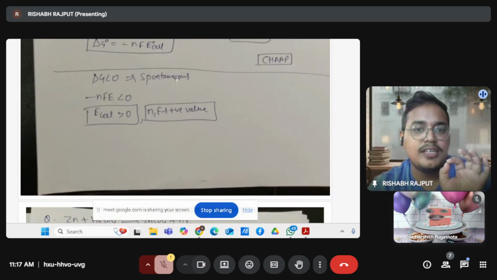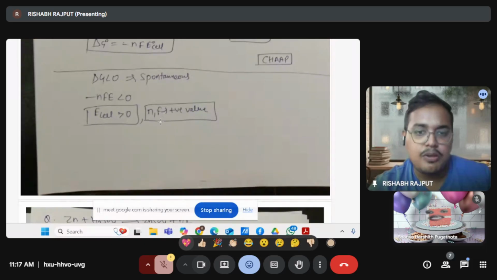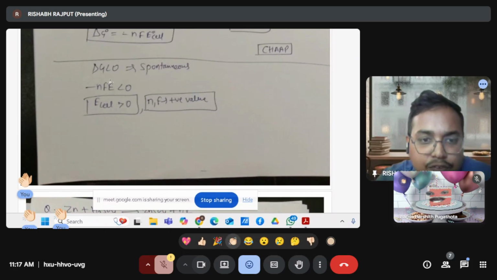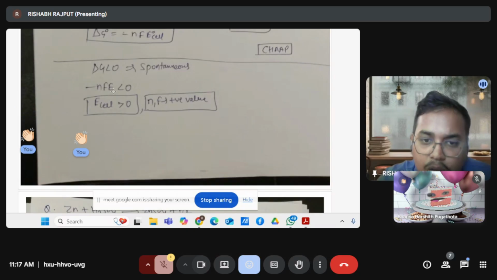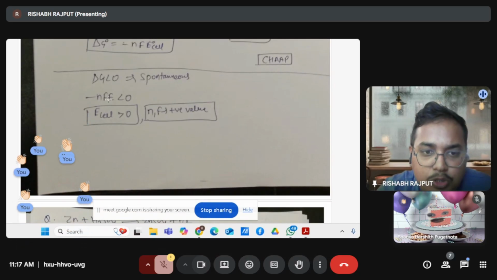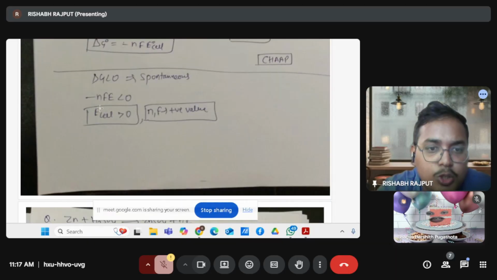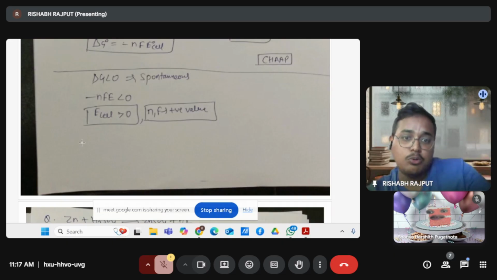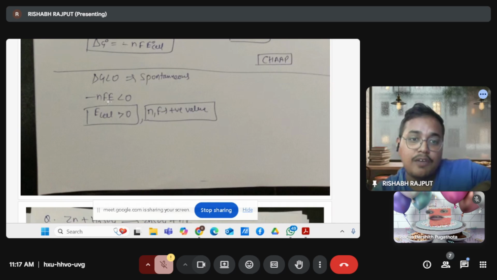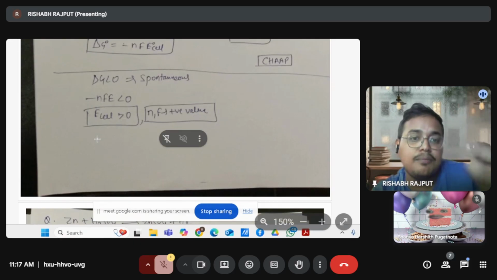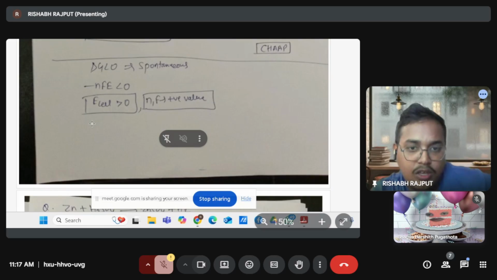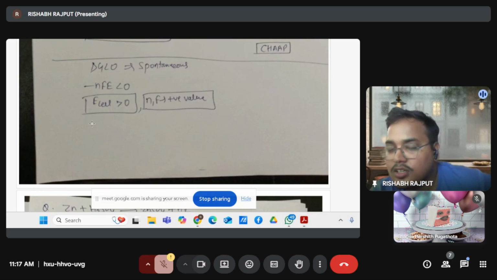Then you say delta G is negative, so the process is spontaneous and possible. If your E cell value is positive and the minus sign is ahead, the value comes negative, so the process is spontaneous. But if your E cell value is negative, this negative and that negative become positive. In this case, delta G becomes positive, and that is not possible for a spontaneous reaction.